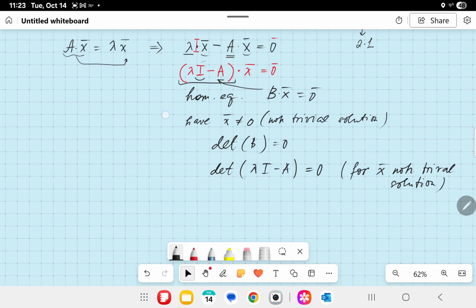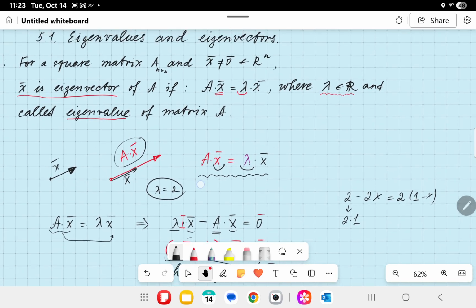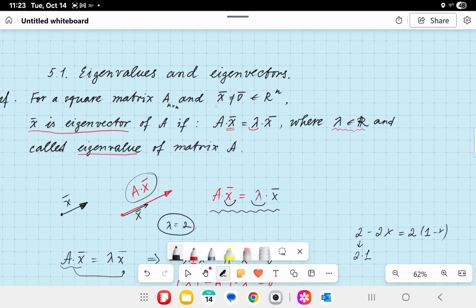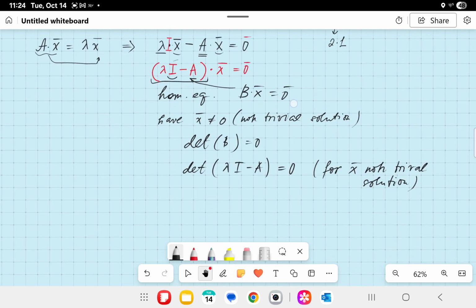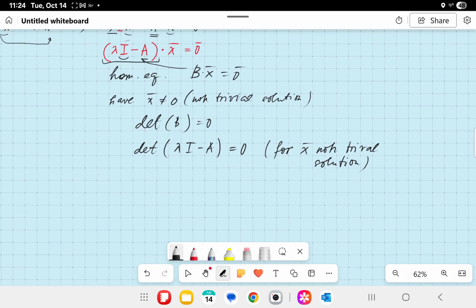Why do we need a non-trivial solution? Let's look at the definition. The definition tells us that we are going to call a vector x an eigenvector only if it's not equal to 0. So we are searching for non-zero solutions here. Okay, so we have the determinant of this matrix equal to 0, and this equation is called the characteristic equation.